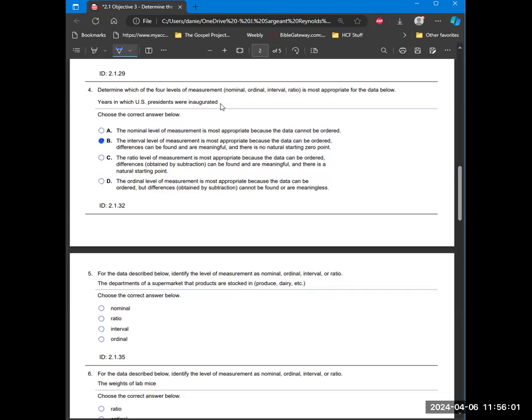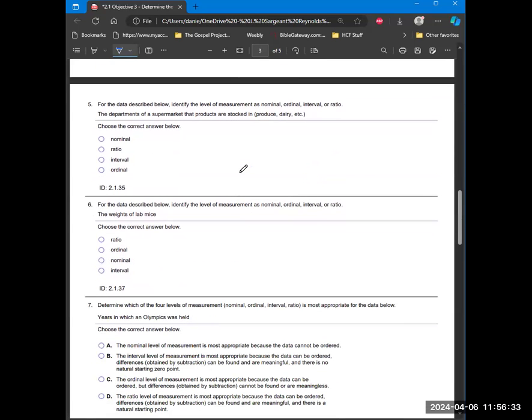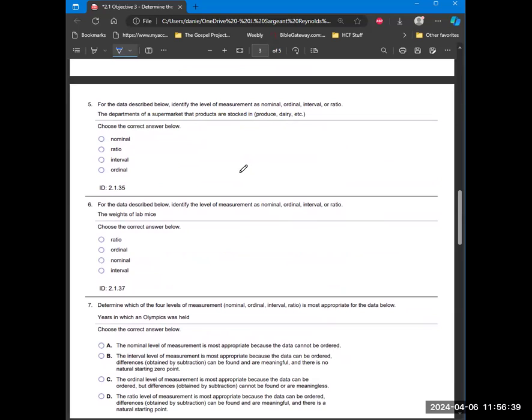There is a time and space in history where we call zero, but that zero does not mean zero time, right? So we would have to use a completely different scale for time if we wanted to know that, and we really don't have a good accurate measurement for that because no one knows exactly right now when the beginning of time was. So that's why we don't have a true 0 point.